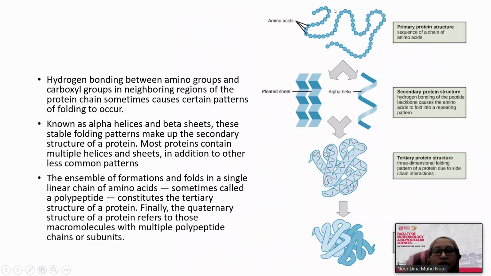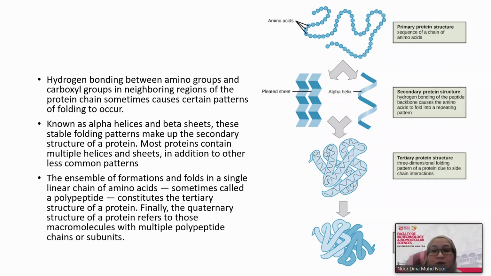So when we have the primary sequence or primary structure of proteins, which is a long polypeptide like this, the R side chains of the amino acids have different properties, and they tend to interact with other surrounding amino acids.